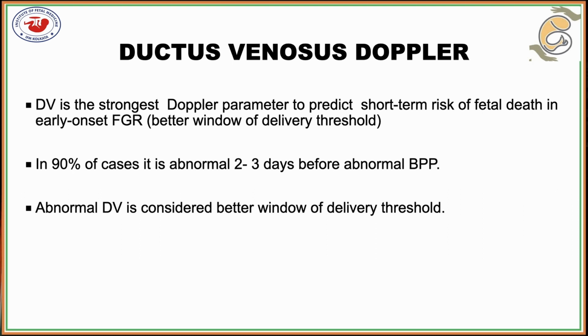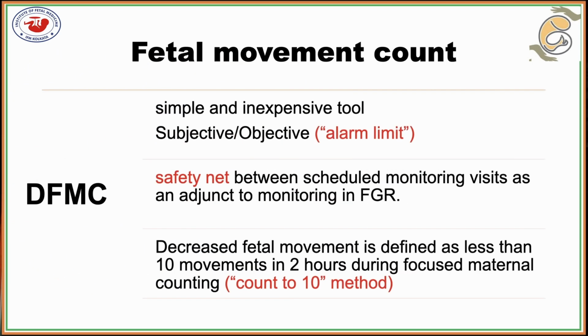If ductus changes are happening, that means there is a chance of impending intrauterine demise, so you have to act on it because acidemia is already happening. In 90% of the cases, it is abnormal just 2 to 3 days before an abnormal biophysical profile, and why it is before the biophysical profile I will explain. Abnormal DV is considered a better window of delivery threshold. Okay, that we understand.